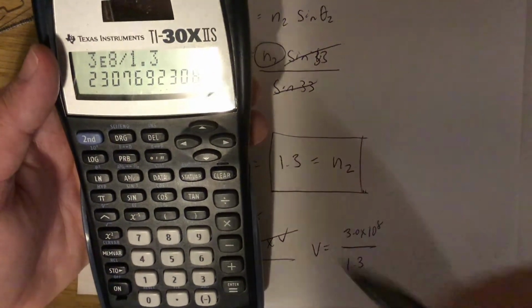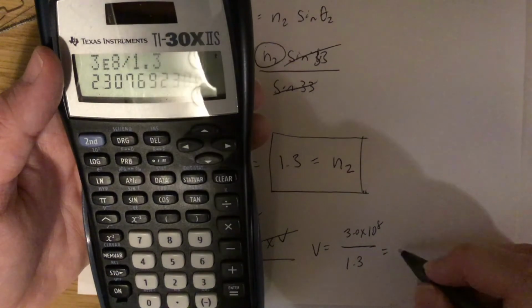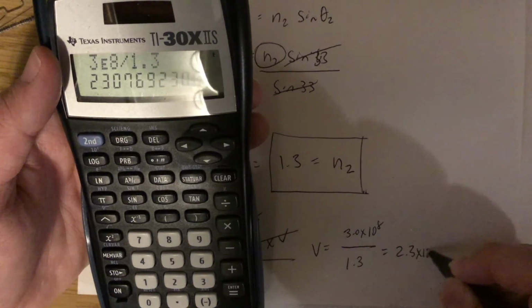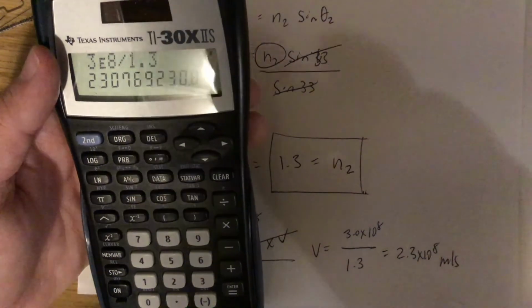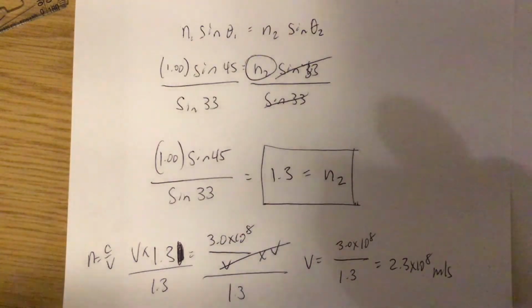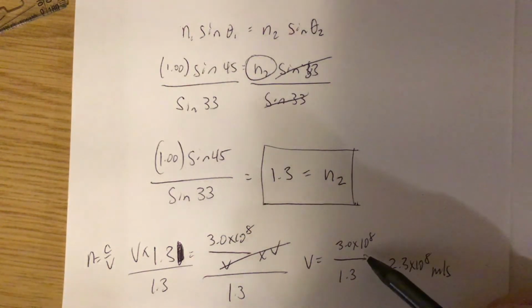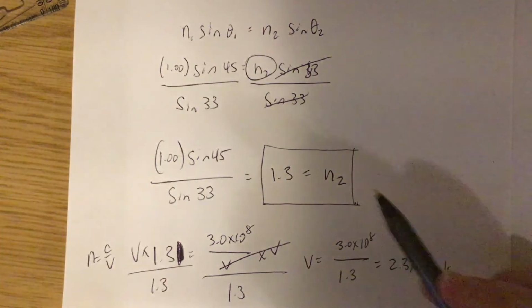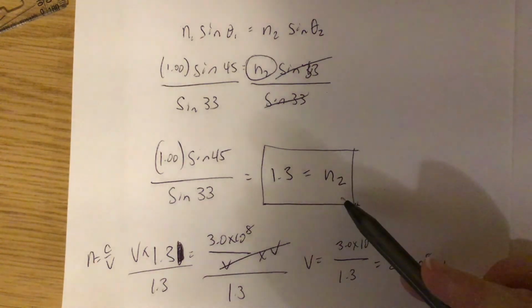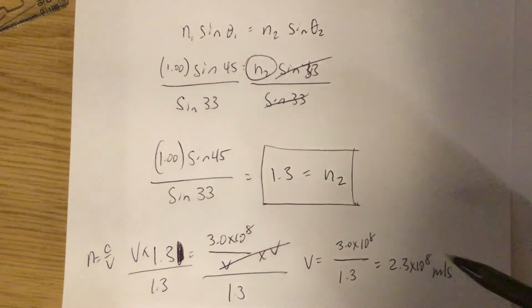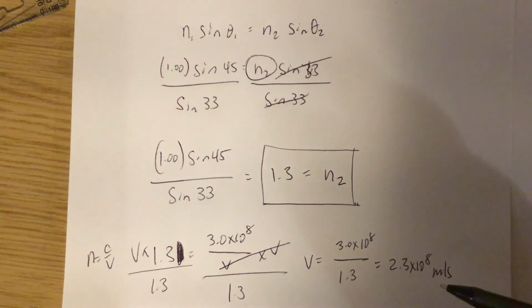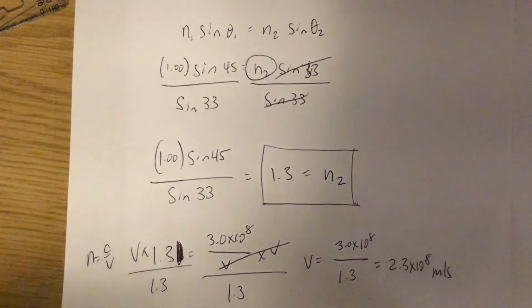It has it written out in long form here, but this ends up being 2.3 times 10 to the 8th meters per second. And so light in a vacuum is traveling at 3 times 10 to the 8th meters per second. Light, once it gets inside the block, there's more particles and more things to slow it down, and so it ends up traveling at 2.3 times 10 to the 8th meters per second. So still really, really fast, but not quite as fast as going through a vacuum.